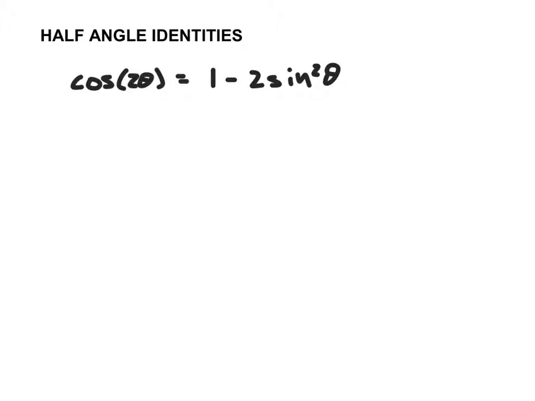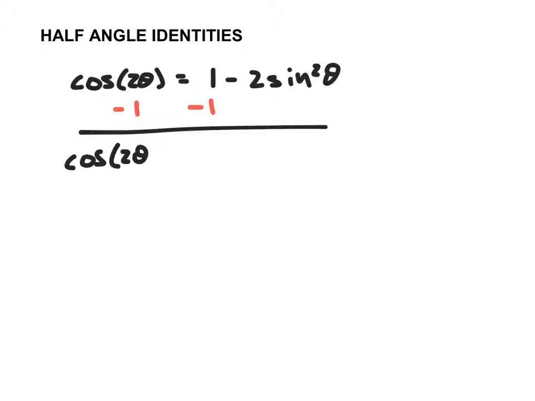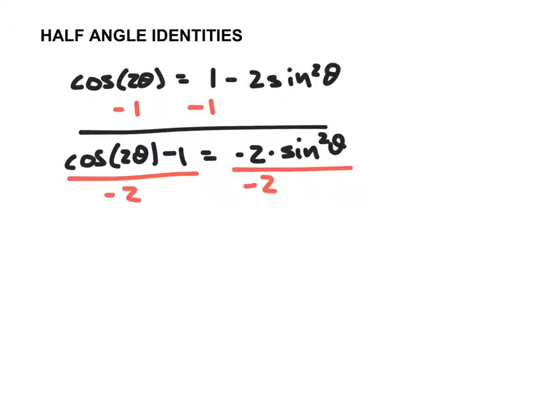What I'm going to do first is subtract 1 from both sides. And this is going to give me cosine of 2 theta minus 1 is equal to negative 2 times sine squared theta. Okay, I'm going to divide both sides of this equation by negative 2.